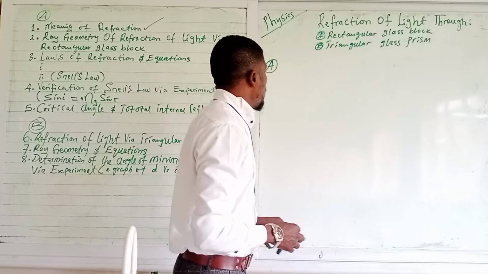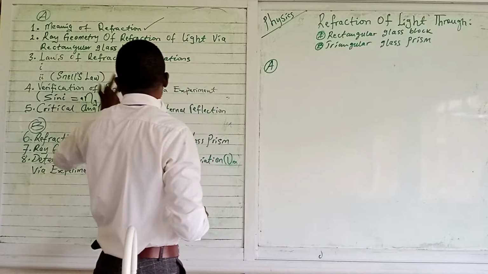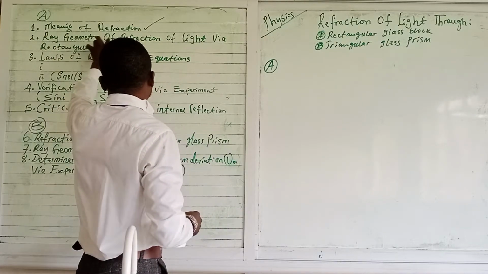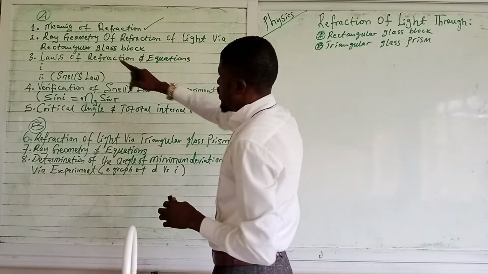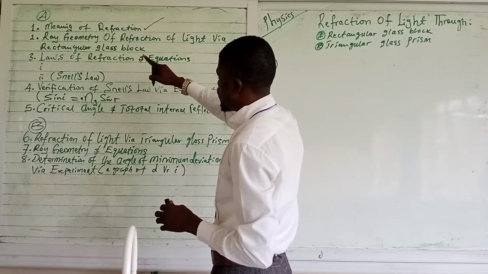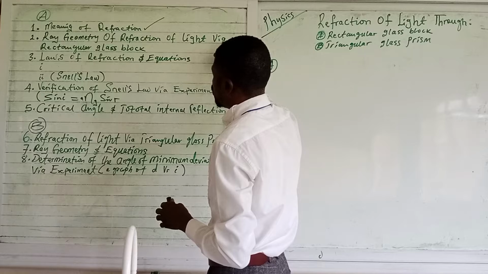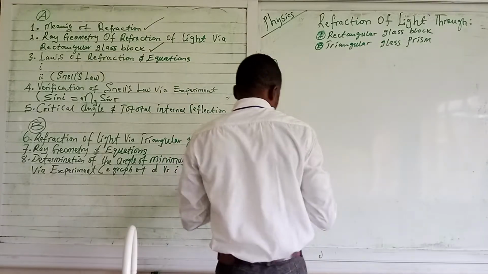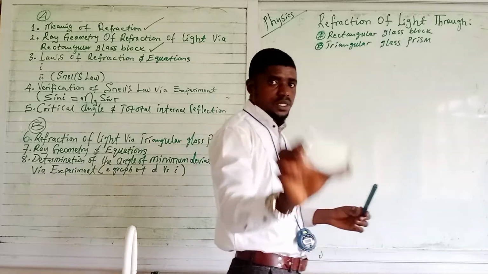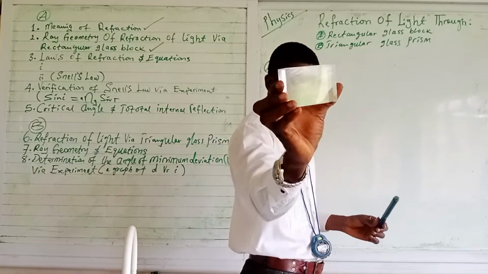And so we want to look at the second item on the list, ray geometry of refraction of light through rectangular glass block. Before me here is your rectangular glass block.